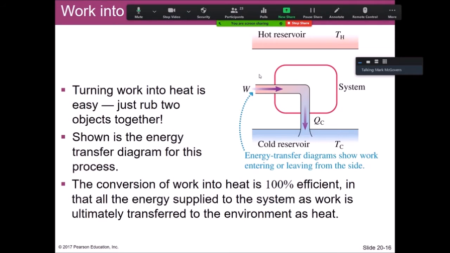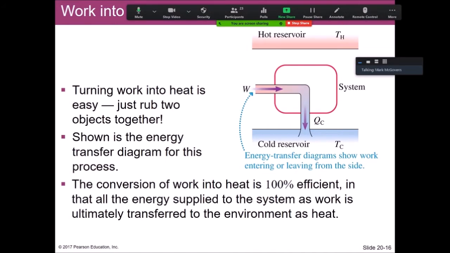Now, there is one way that you can do this very easily. You can do work purely and transfer energy to a cold reservoir. It's not a very useful thing to do because, as the example shows, you can rub your hands together, right? That is not necessarily heat from a hot reservoir. That's just pure work being done.